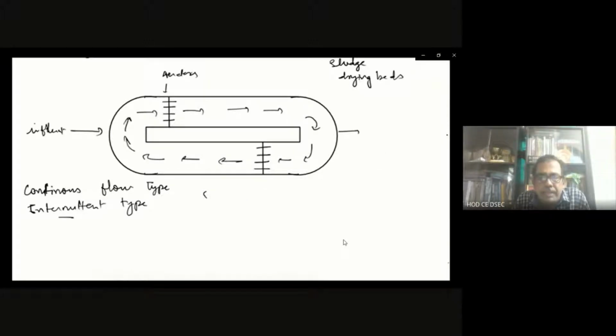If I omit the SST, then it will be treated as the intermittent type. In this intermittent tank, the sludge will be allowed to settle in the basin, and through the scraper, from time to time the sludge will be removed from the basin. That is the basic technology we are maintaining in the two types of extended aeration system, that is the oxidation ditch which we are describing now.